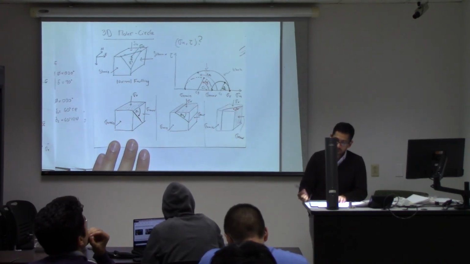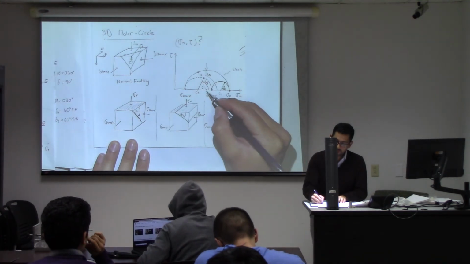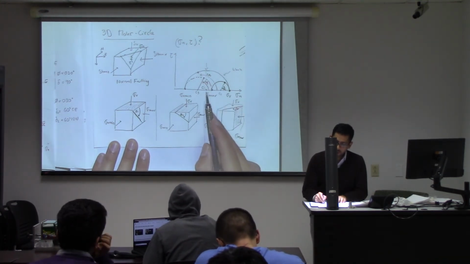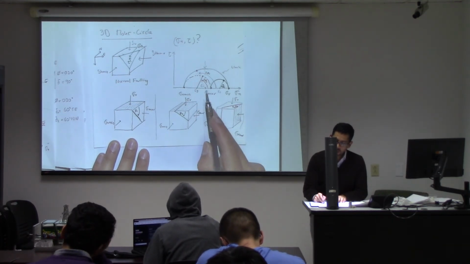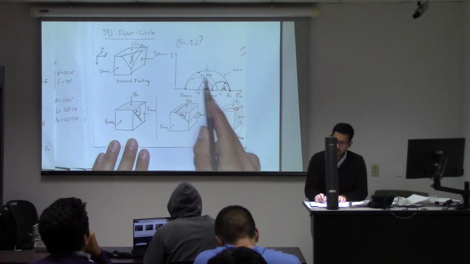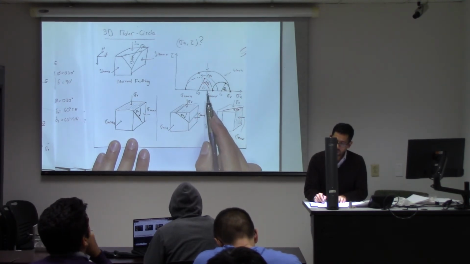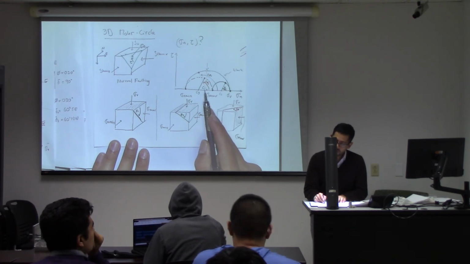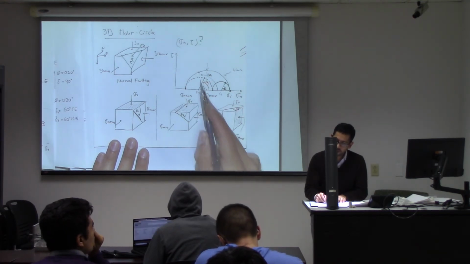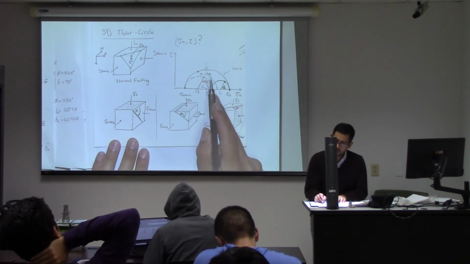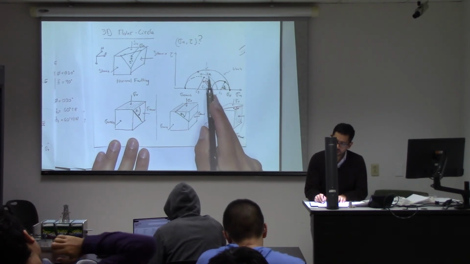So tau, for example, for this one, is going to be the length of this line times the sine of 2 beta 1. And sigma n is going to be C1 plus the cosine of this line times the cosine of 2 beta 1.